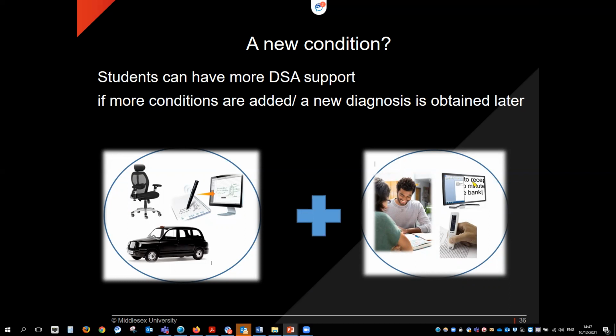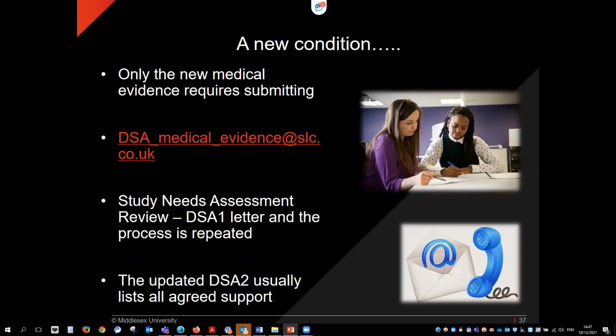So just remember, the DSA support package can be topped up if a new condition has been approved. Okay. And as I mentioned, only new medical evidence needs to be sent to the DSA for a new condition.